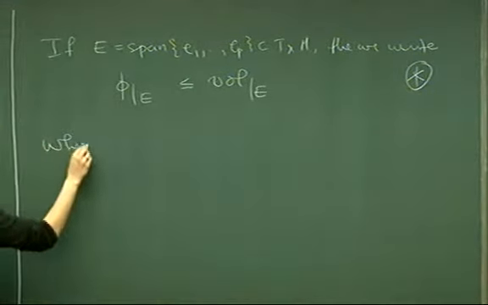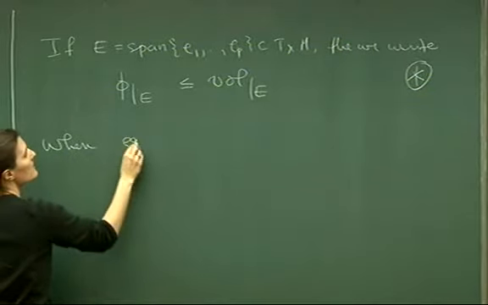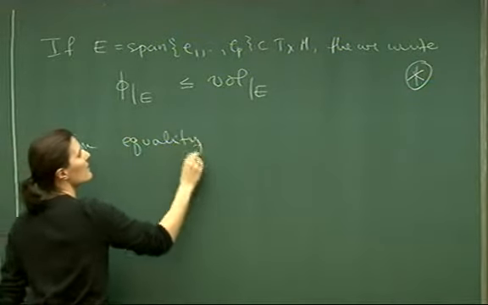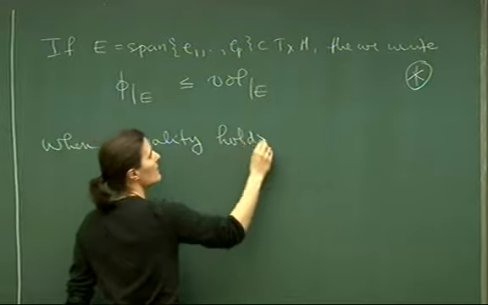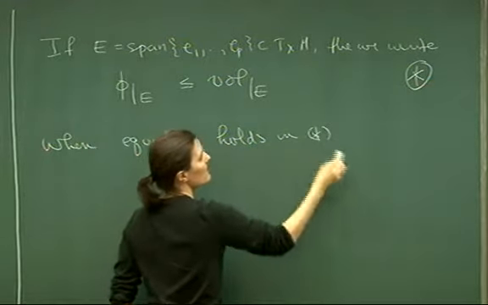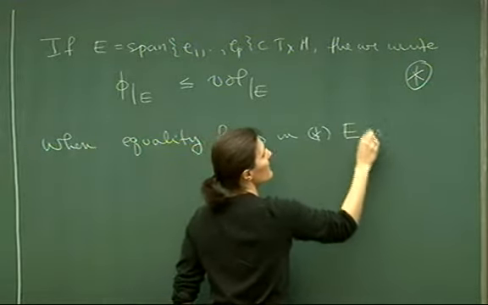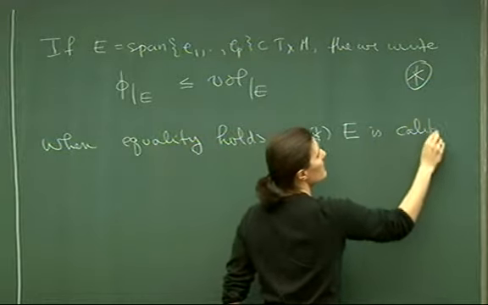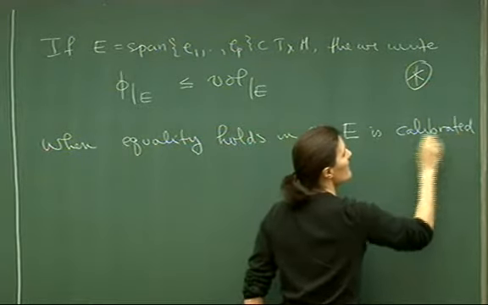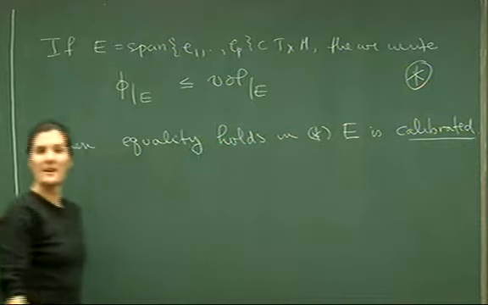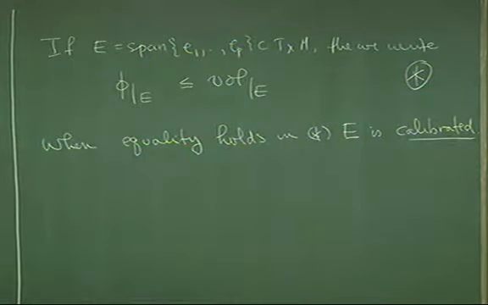Now, when equality holds, E is calibrated. Calibrated, of course, by phi, but I'll just say calibrated.